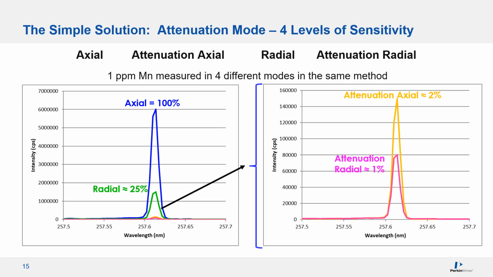If we wanted to run in attenuation axial mode, our sensitivity is only 2% of what it is in axial mode. And if we want to cut signal further, we can run in attenuation radial mode, where our signal is only about 1% of what it was in axial mode. So by using attenuation mode, we have the ability to dial in our sensitivity. It gives us 4 options to choose from for every analysis.